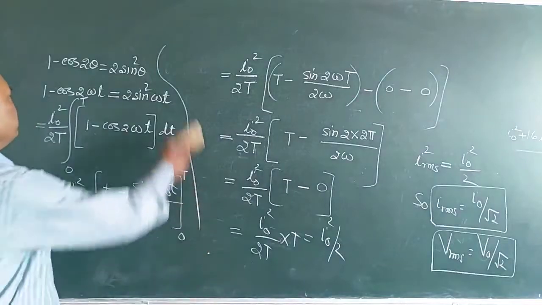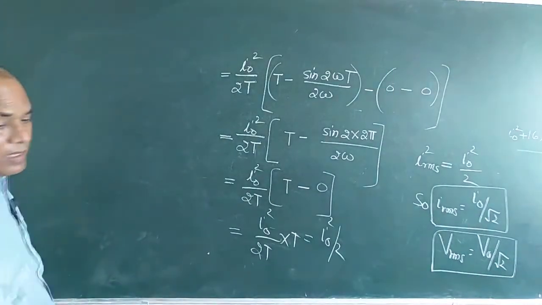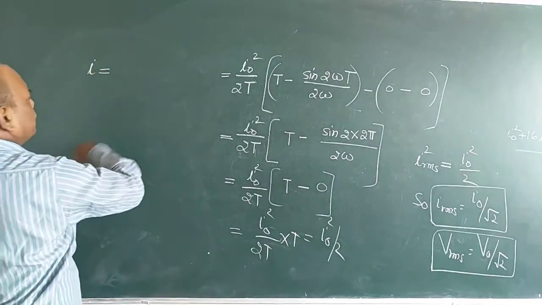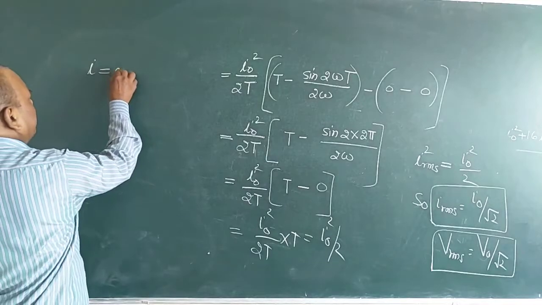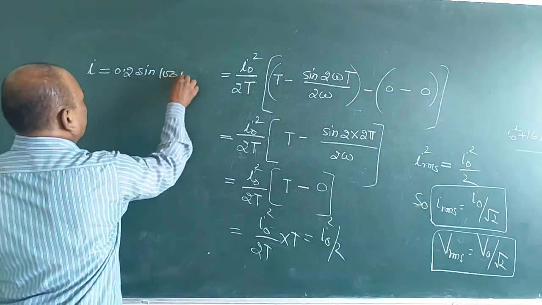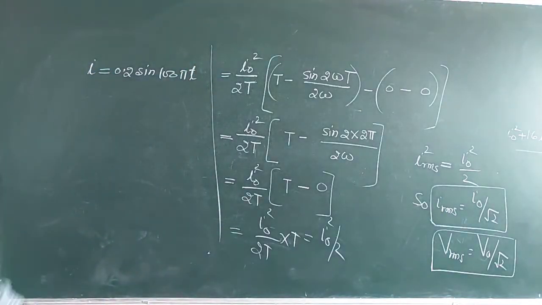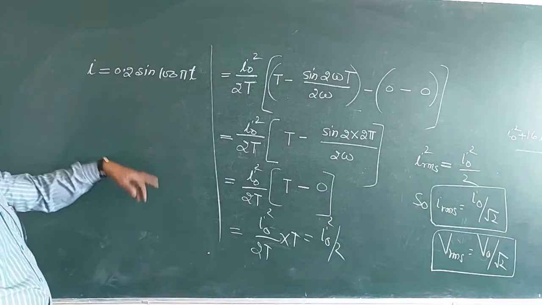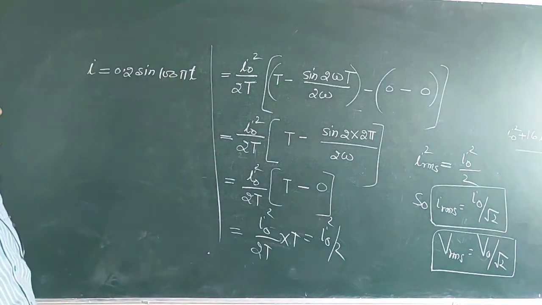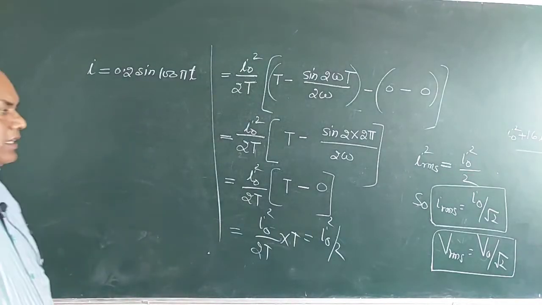Sometimes, let us suppose the equation is given, I is equal to 0.2 sin 100 pi t. If the equation of alternating current is given as I is equal to 0.2 sin 100 pi t, then how will you find out the value of IRMS?